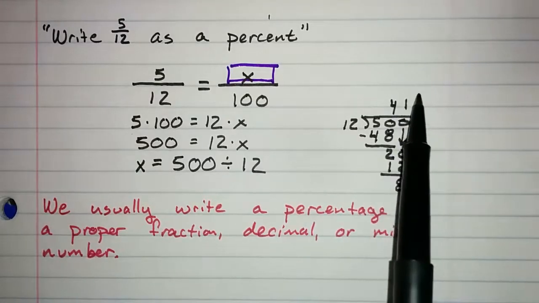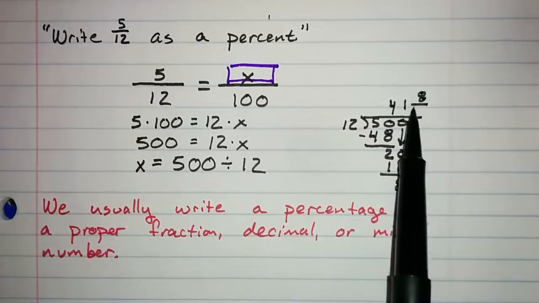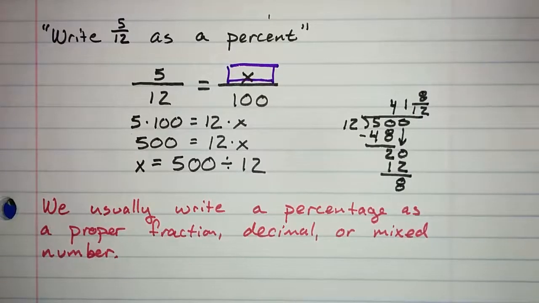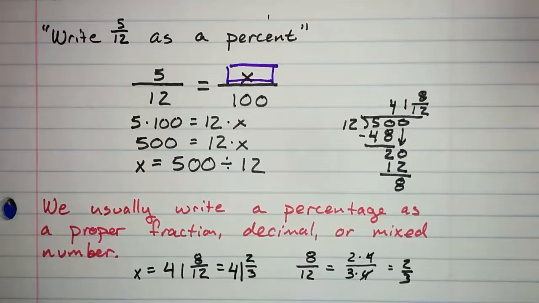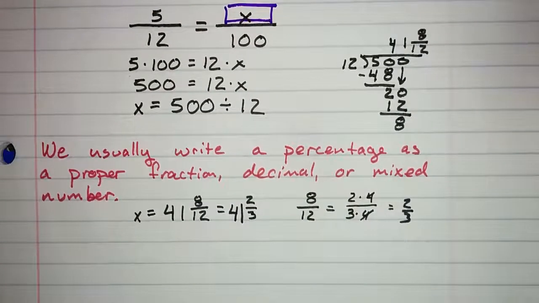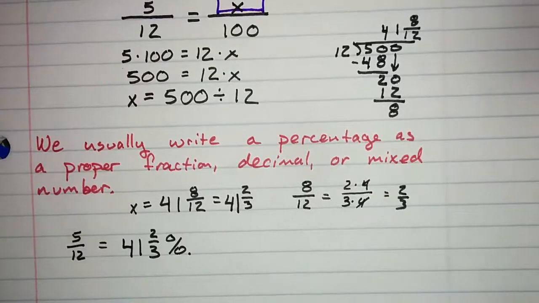I'm going to say that this is 41 and 8/12. We wouldn't in general have to simplify this, but I'm going to, right? 8/12. These have a common factor of 4. 2 times 4 over 3 times 4. So my x is 41 2/3. That is, the fraction 5/12 is equal to 41 2/3%.